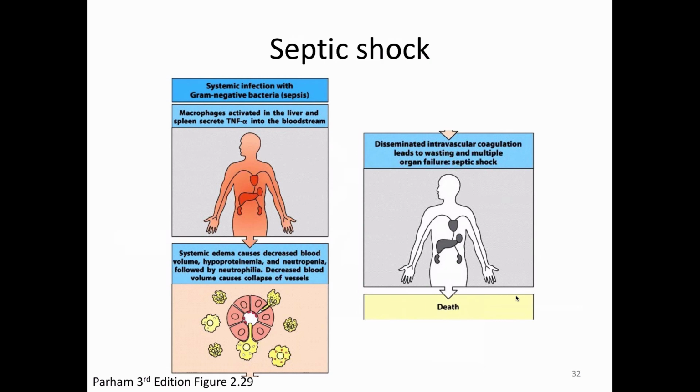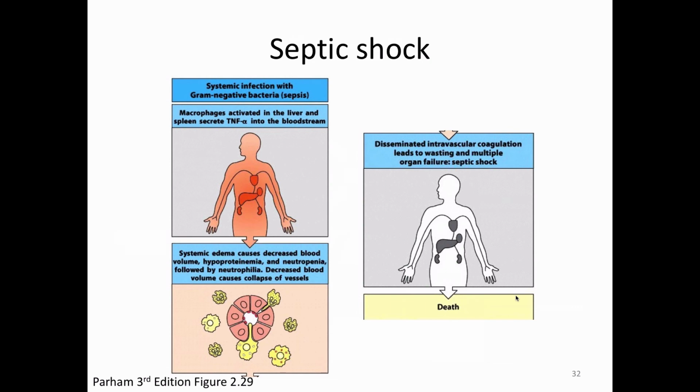And at some point, as they start to have this swelling, as their blood vessels start to leak throughout their body, they're not going to have enough blood volume in their vessels anymore. So we're going to actually see problems of decreased blood volume. We're going to start to see things like low levels of proteins, low levels of neutrophils, and eventually things like collapse of the blood vessels because of this lack of liquid.